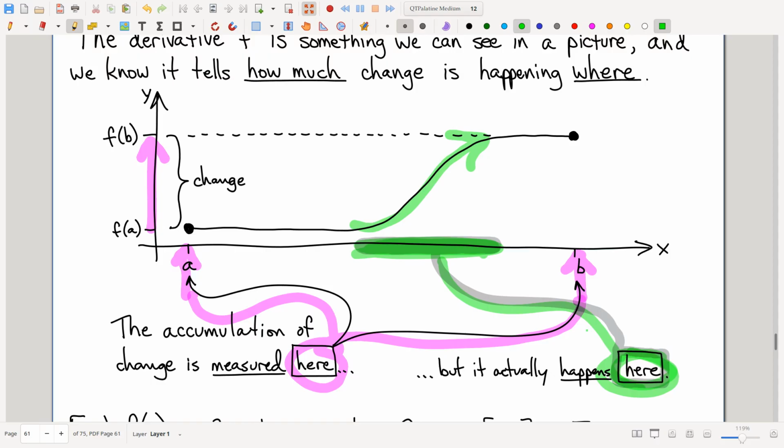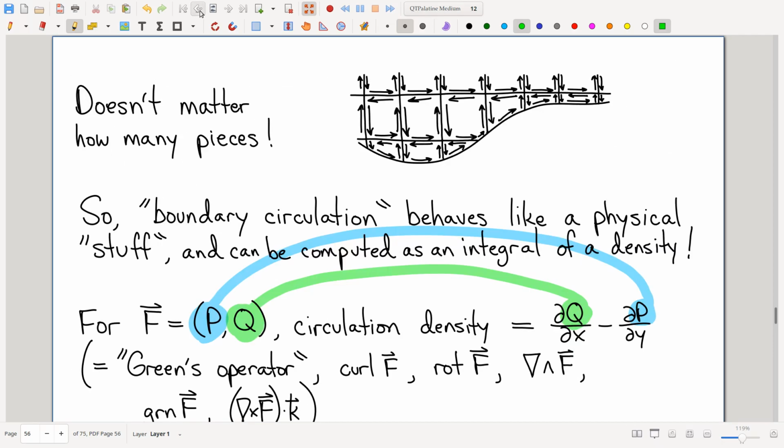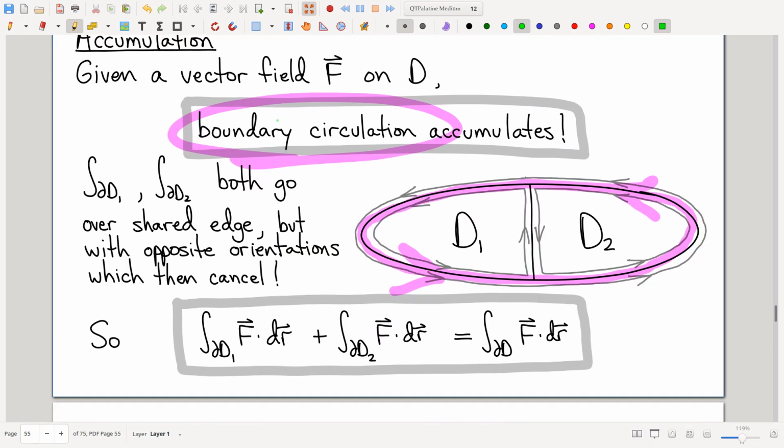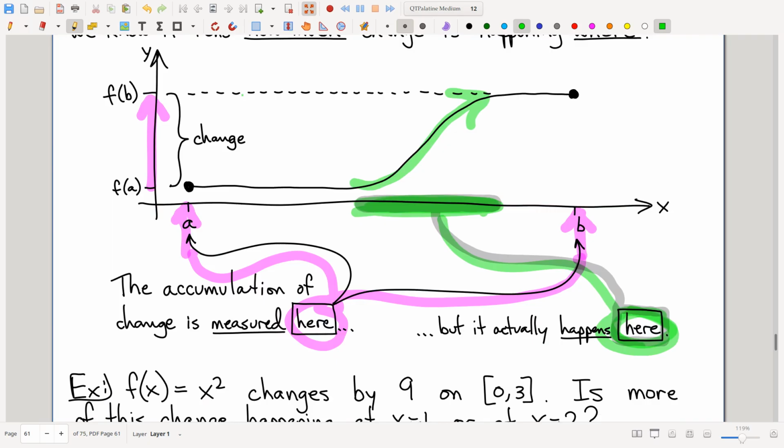So, I think this is a very shocking observation that what seems like a nonsensical ask back here, boundary circulation, come on, it happens on the boundary, how can we think of this as happening on the interior? There's nothing strange about that in this highly analogous context. Of course change happens in the interior.